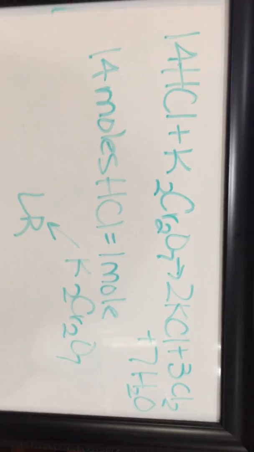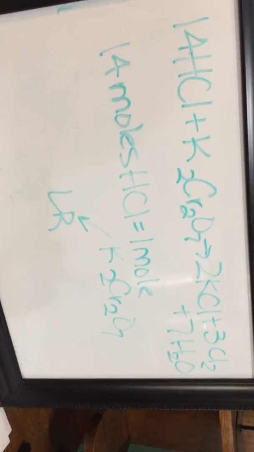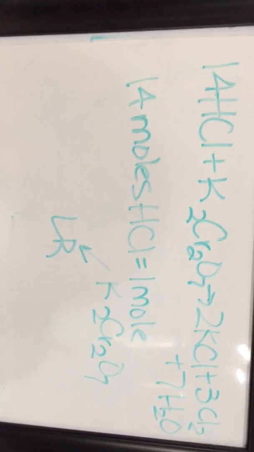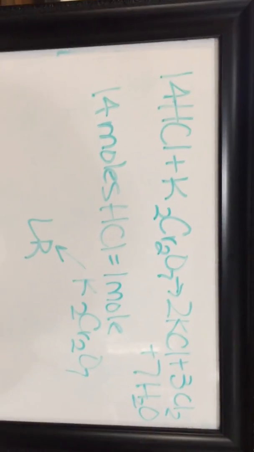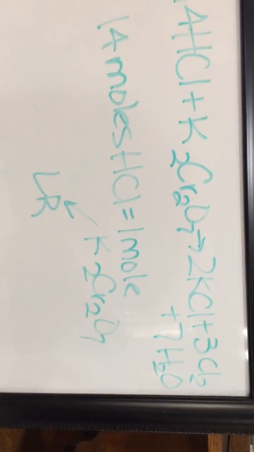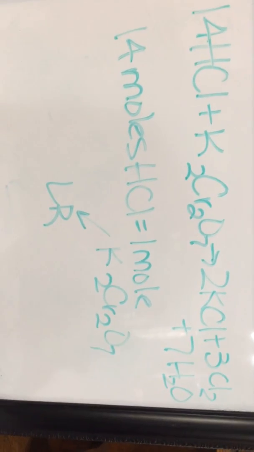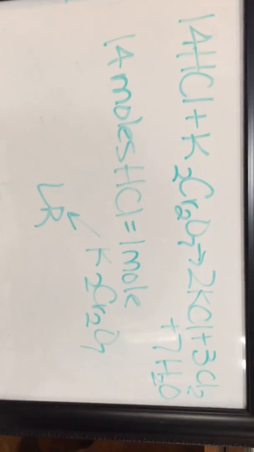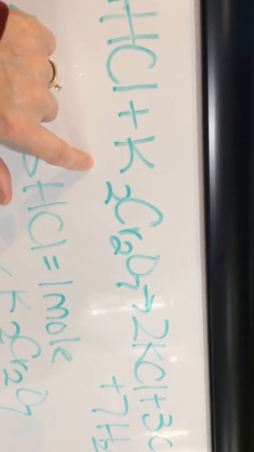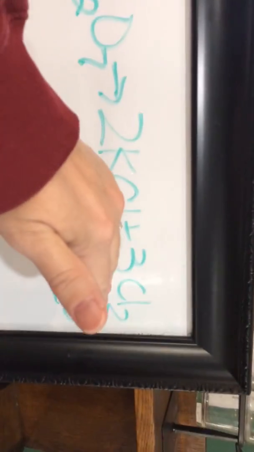Well, the stoichiometry doesn't change. Remember the example: if we had 2 car bodies and we had 9 wheels, we can still only create 2 completed cars. That's the same thing. Even if you had 15 HCl and you only had 1 of these, everything relates here.